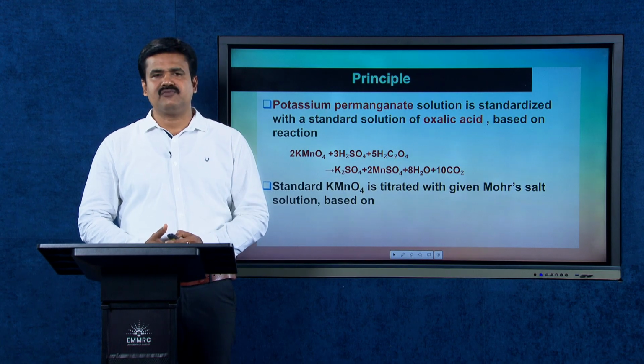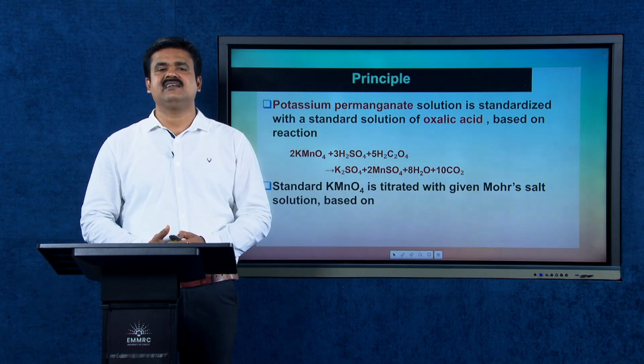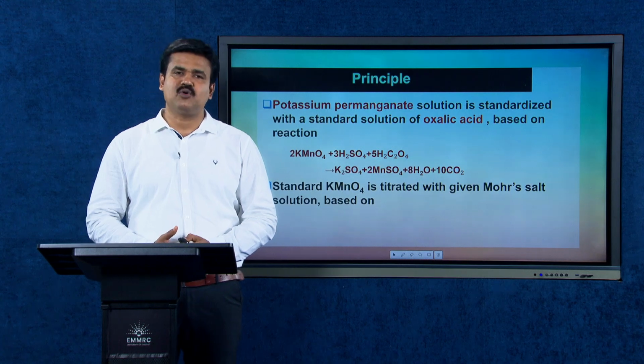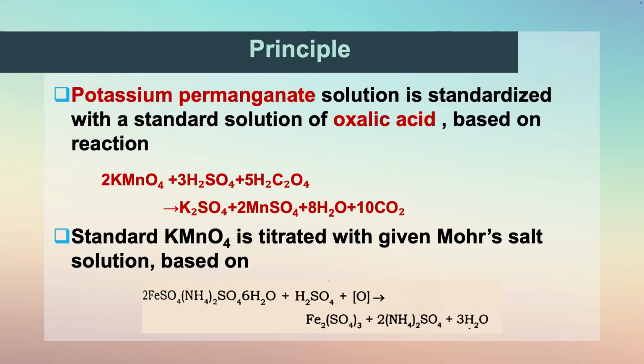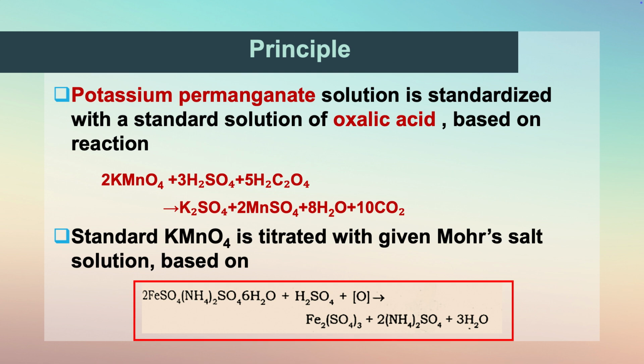Standard KMnO4 is titrated now against the given Mohr salt solution, and that is based on this reaction: 2 FeSO4(NH4)2SO4·6H2O, that is Mohr salt, plus H2SO4 plus nascent oxygen, which is liberated during the previous reaction, gives Fe2(SO4)3 plus 2 (NH4)2SO4, that is ammonium sulfate, plus 3 molecules of water.